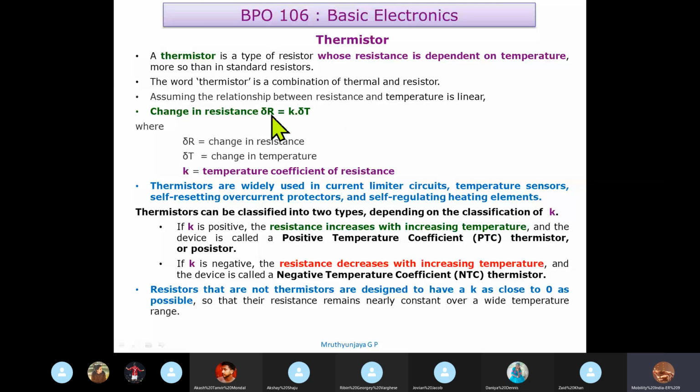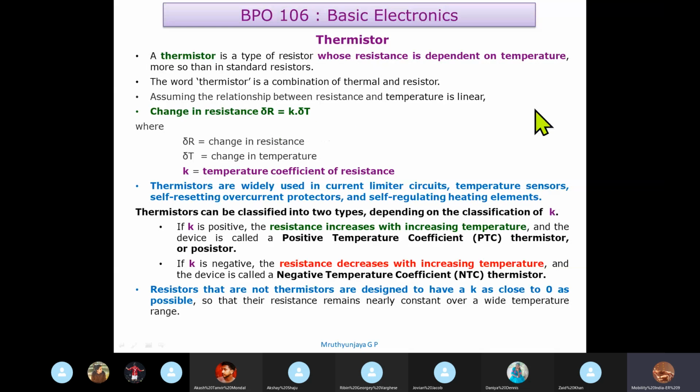The delta R is the variation of resistance. If the temperature coefficient of resistance is 0, the material chosen has a 0 temperature coefficient of resistance, then irrespective of the temperature, 0 into any temperature change is still 0. So delta R will remain 0.